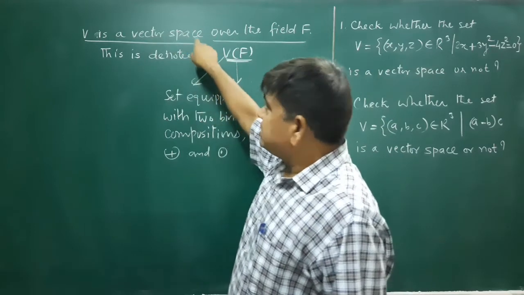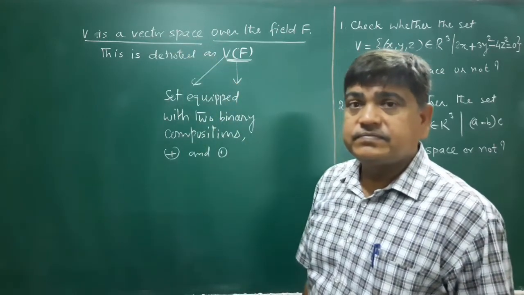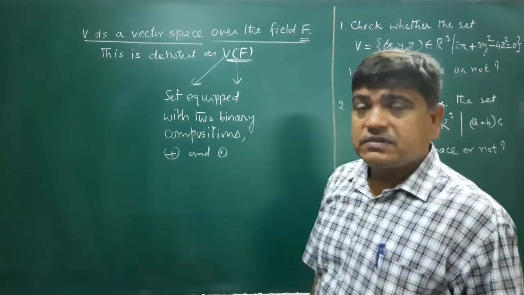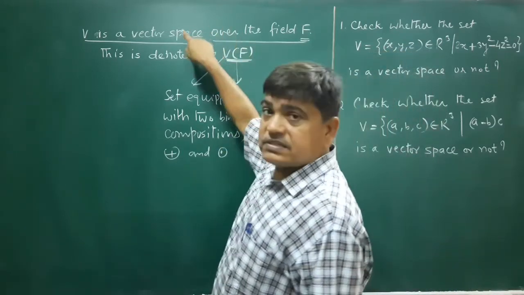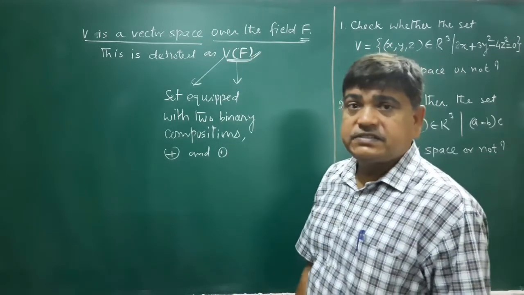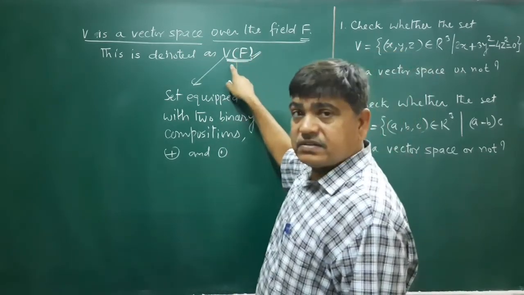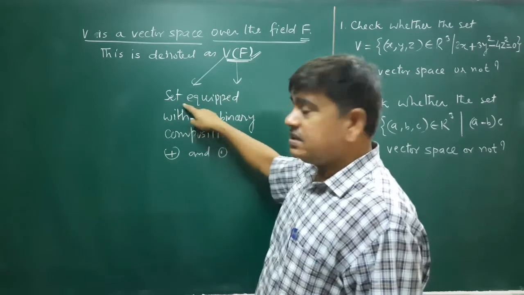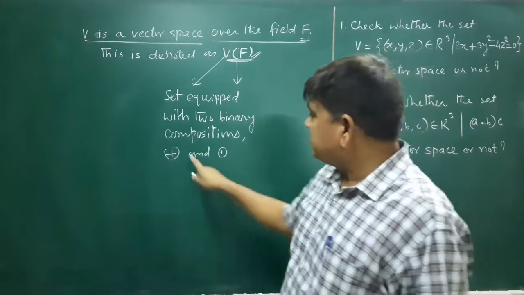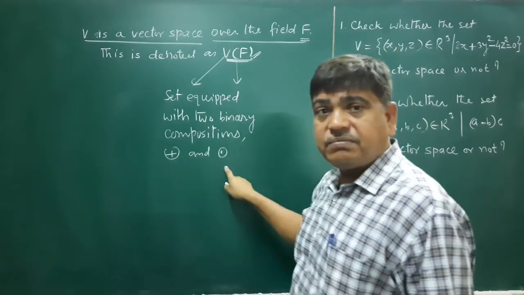V is a vector space over the field F. This is denoted by this particular symbol. What is V here? This is a set equipped with two binary compositions denoted by this symbol and this symbol.